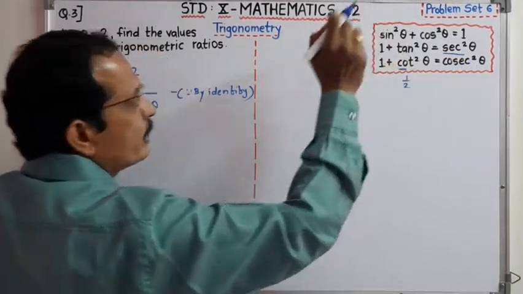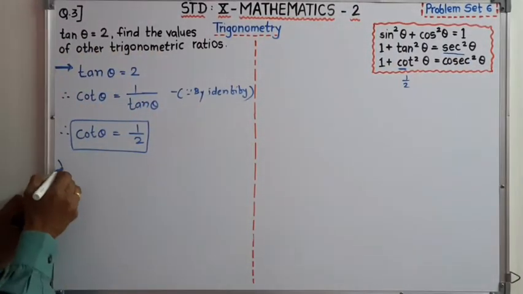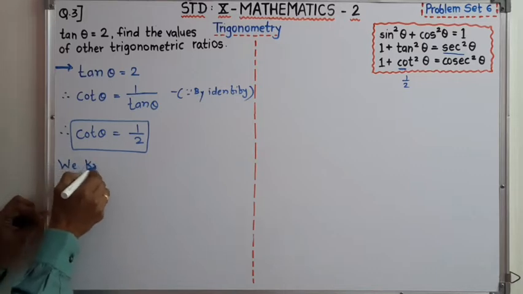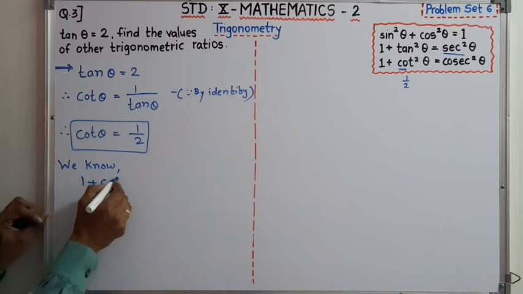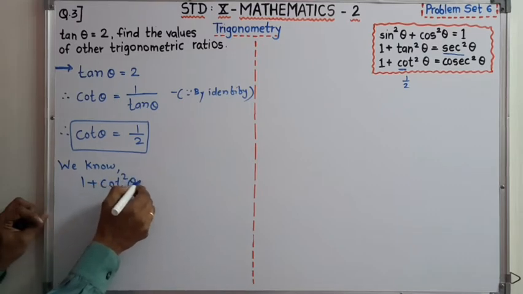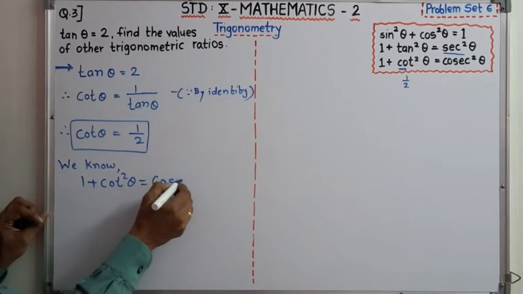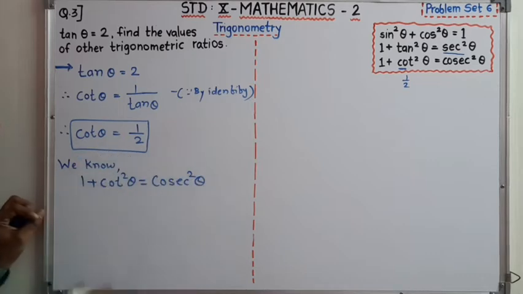Now dear student, we got cot theta. Now we have to find out cosec theta. For that purpose, we know that 1 plus cot square theta is equal to cosec square theta. Isn't it?